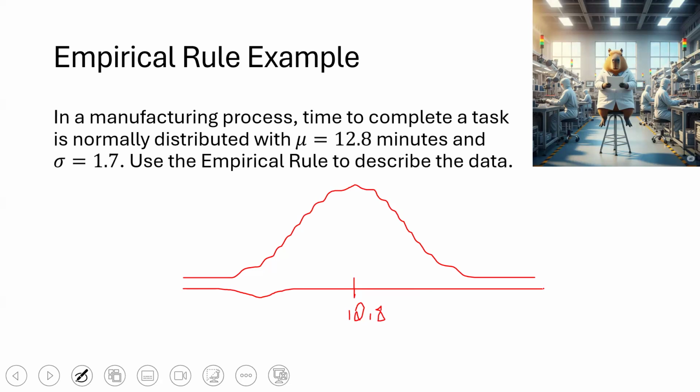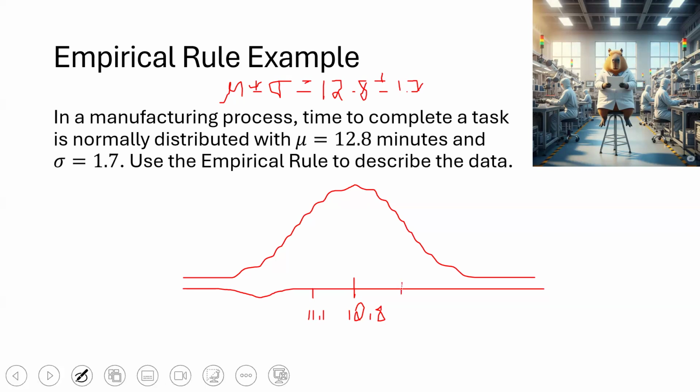Okay, 1 standard deviation down and up, we're going to take mu plus or minus 1 sigma. So that's 12.8 plus or minus 1.7. If I do 12.8 minus 1.7 first, that's going to take me to 11.1. And then if I take 12.8 plus 1.7, that's going to take me to 14.5.